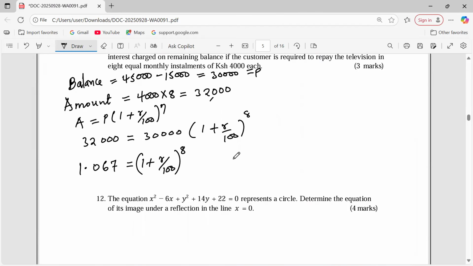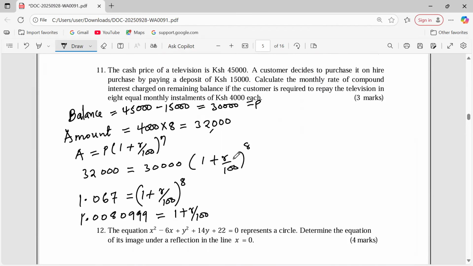After that, because the right hand side is raised to power 8, we can obtain the 8th root of both sides. So the 8th root of this value gives us 1.008099. This is now equal to 1 plus r over 100, because the power 8 has been dealt with.